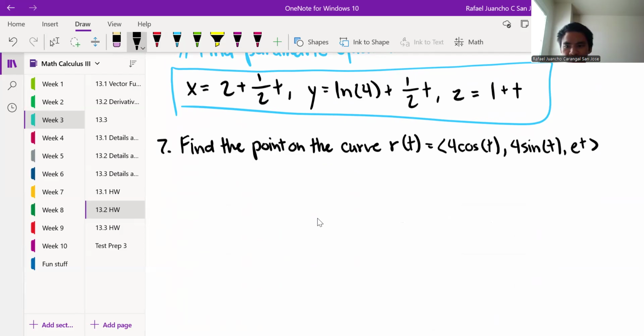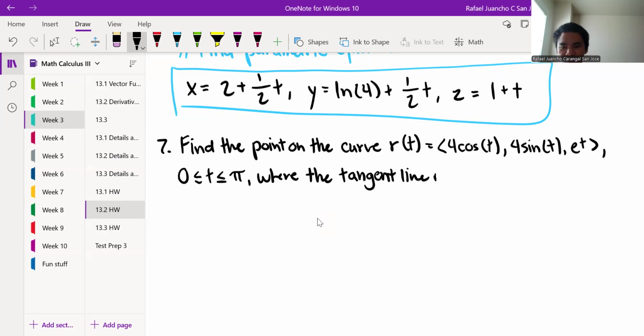We have a condition where t is between 0 and pi, inclusive, and the tangent line, so we think of derivatives when we think of tangent lines, is parallel to the plane.